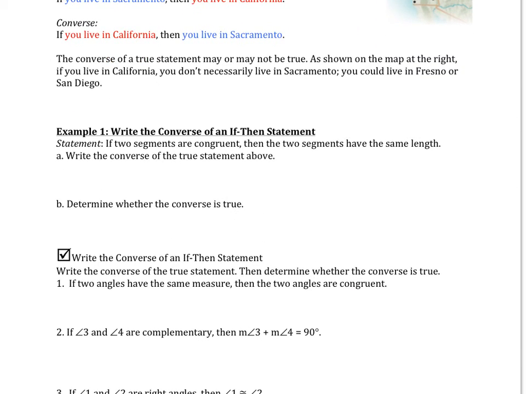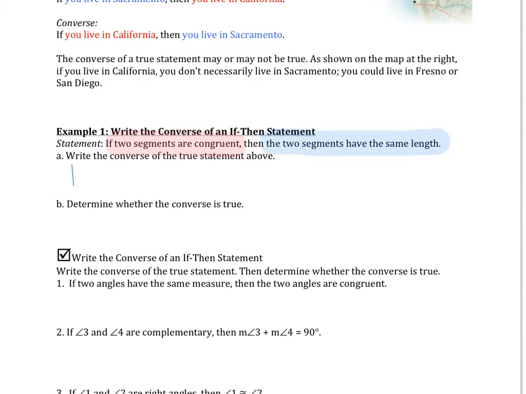So the first thing we're going to do is write the converse of a statement. The statement is, if two segments are congruent, then the two segments have the same length. First, we identify the hypothesis and the conclusion. So I'm going to bring the blue after the if.